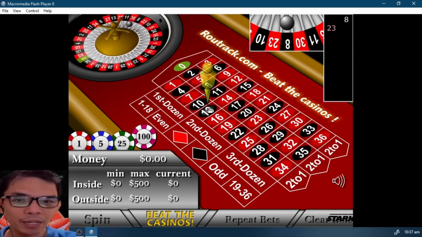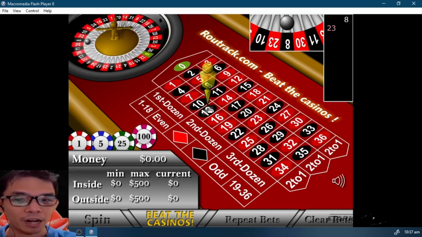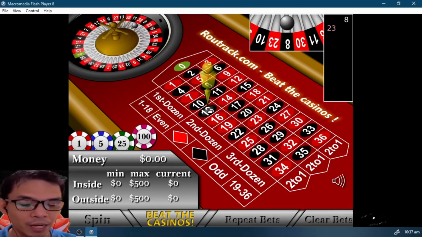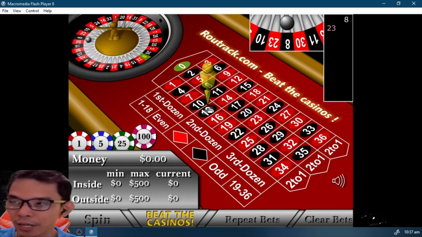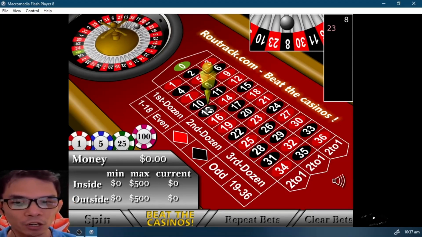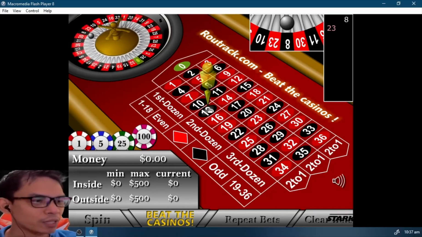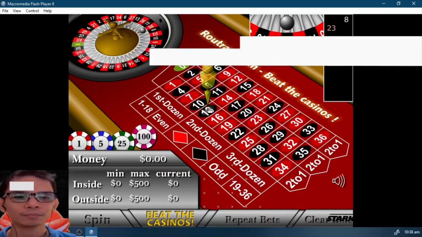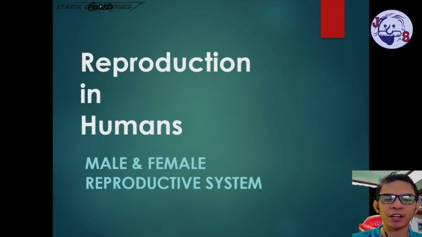Again, survivability is the prize, the bets are the things needed by the egg cell in order to survive longer, and the number in which you place all of your bets is the egg cell itself. With that, that is the roulette, and we can now move on to the female reproductive system.